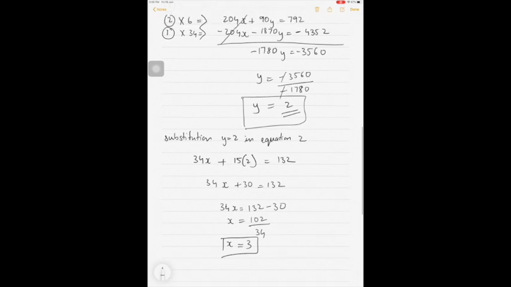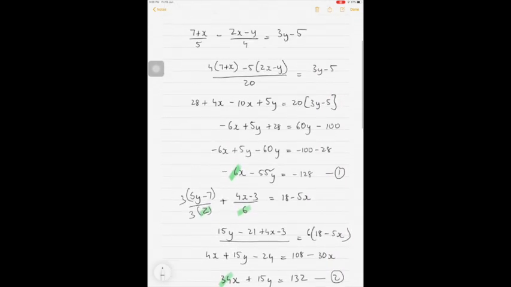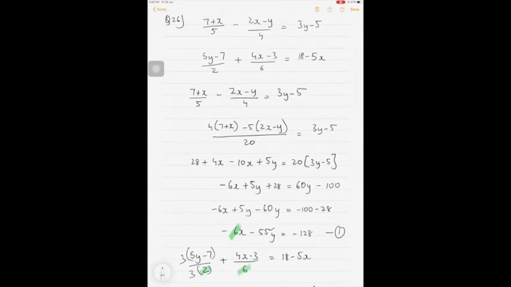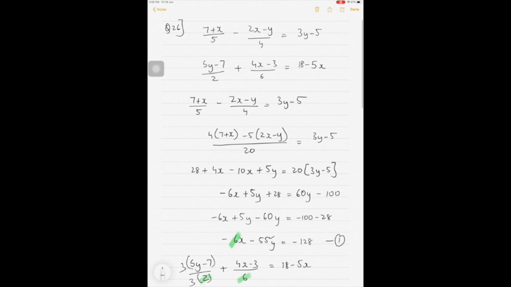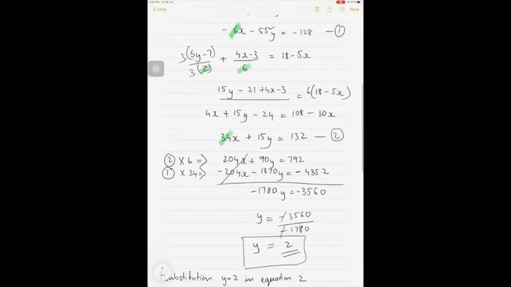That means x is equal to 3. So please take down. I hope everybody has understood how to solve the sum.